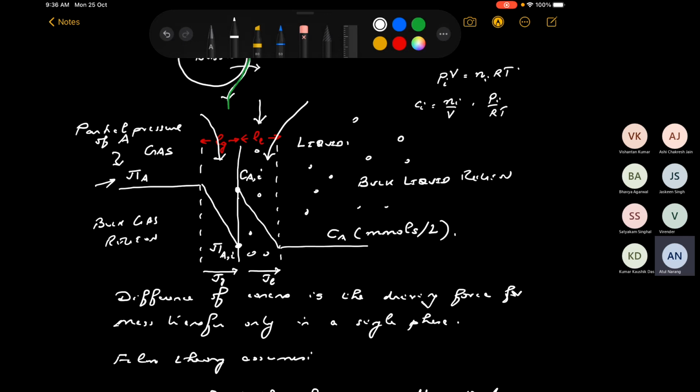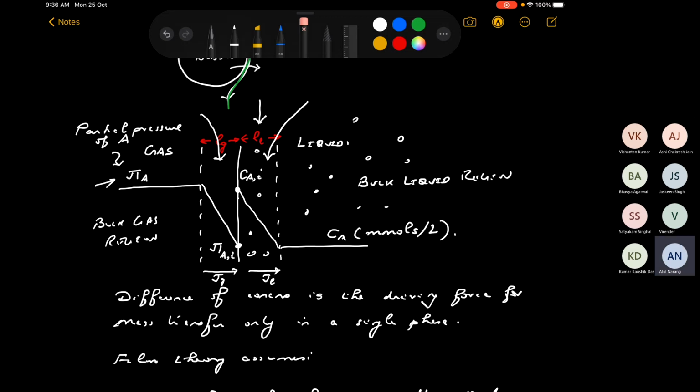So the partial pressure is directly proportional to the concentration of the gas. You simply have to divide by RT and you convert the partial pressure into moles per liter or whatever the appropriate units might be for the case at hand.